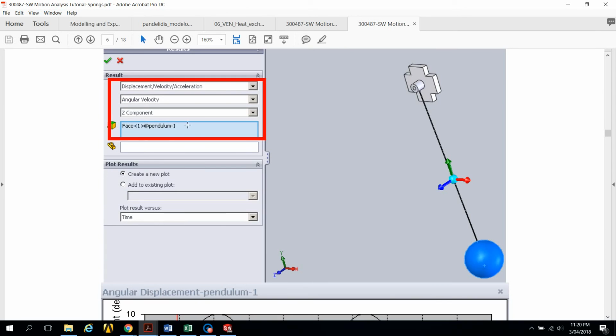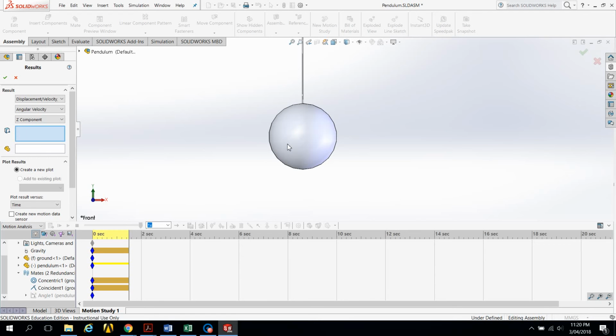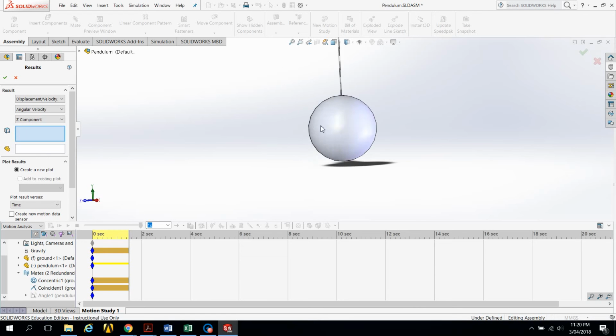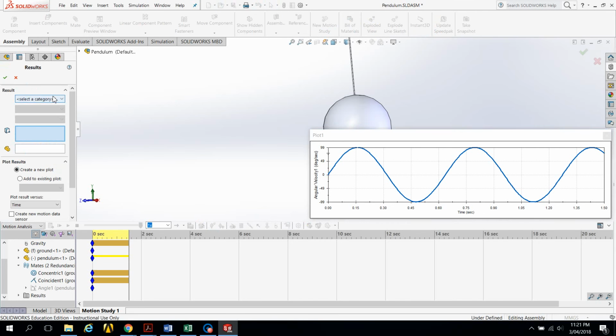Yes, I have to click the face and get the Z component, and the face of the ball will be chosen. That's the first one. Go once again for the other type.